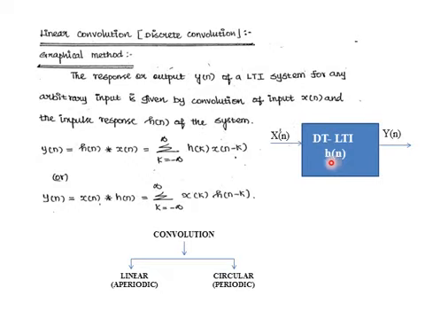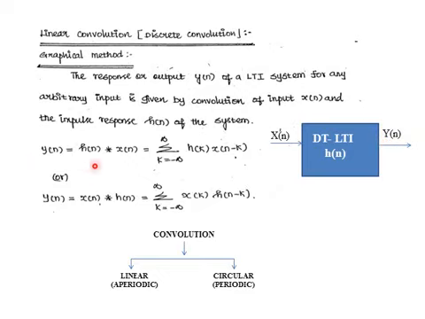Now, in such a case, if we want to find the response of this particular system, this can be obtained by performing convolution between the system's input x of n and its impulse response h of n. So, one of the main purposes of this convolution operation is to determine the response y of n of any particular DT-LTI system.